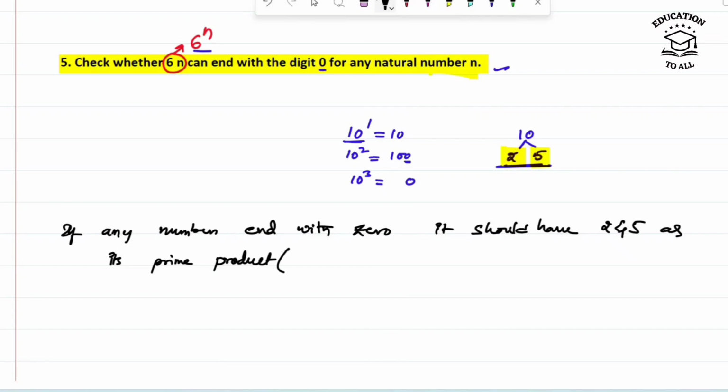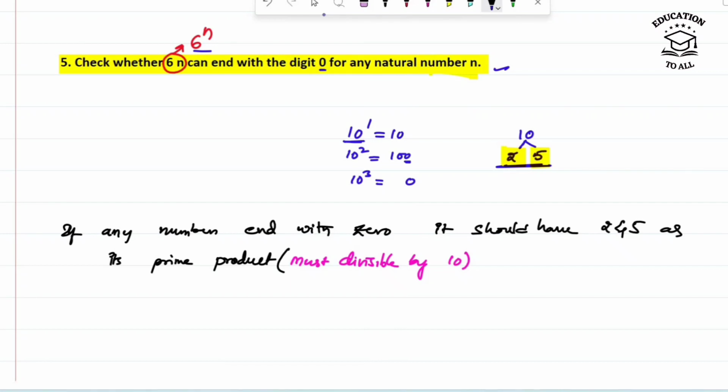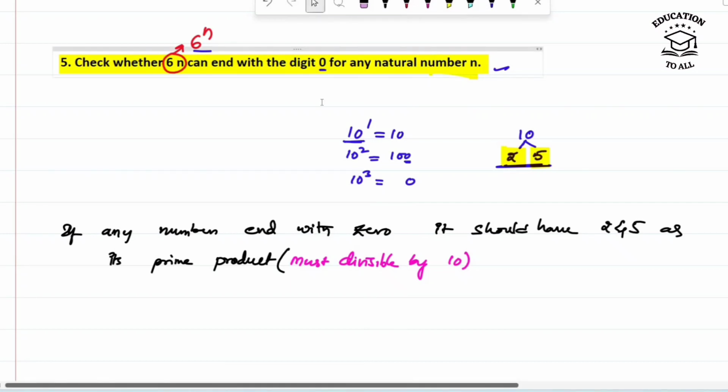In other words, we can say the number must be divisible by 10. Okay, and we cross check whether 6 power n will have both conditions or not.